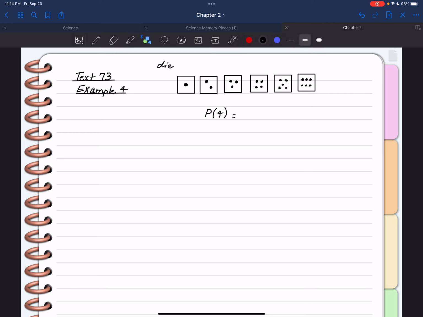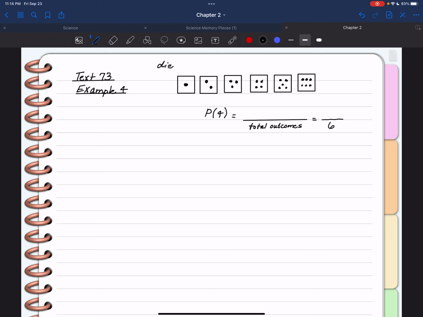So we write the ratio. On the bottom, we have the total outcomes, and that's going to be 6, because a cube, a die, has 6 faces.